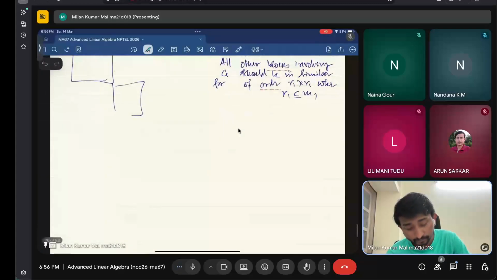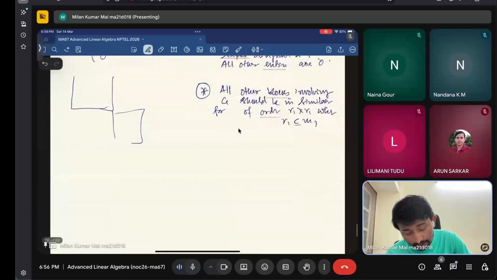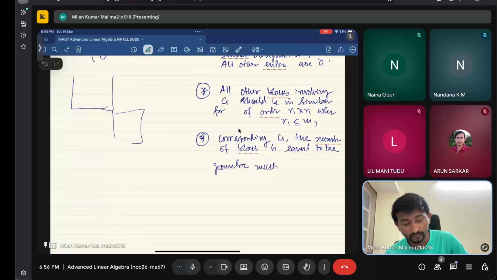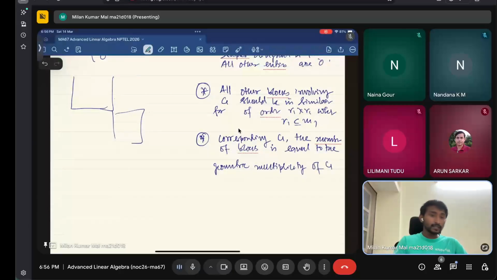corresponding to c1. This is one fact, this is the second fact, and the third fact is that corresponding to c1, the number of blocks is equal to the geometric multiplicity of c1. c1 is an eigenvalue because I have taken the field to be algebraically closed, or the complex numbers.